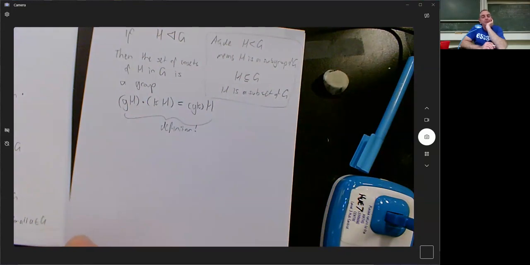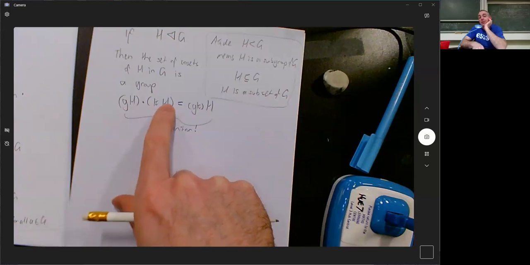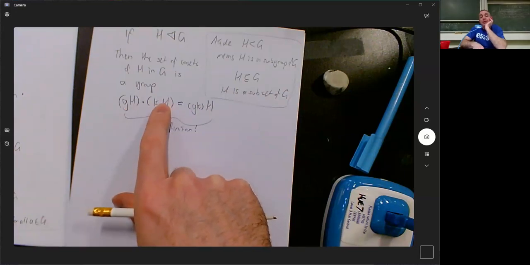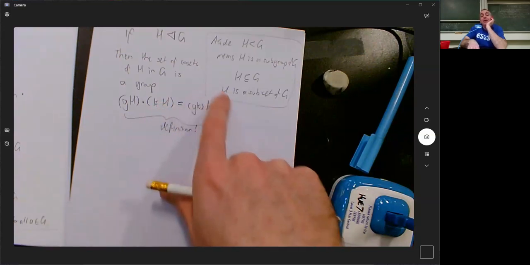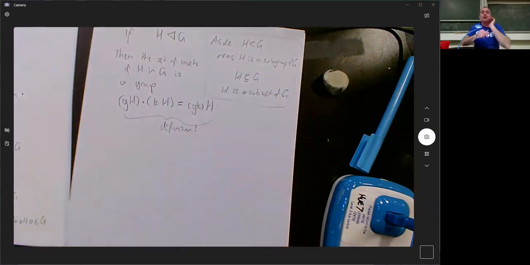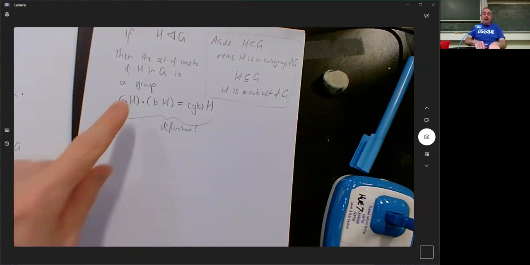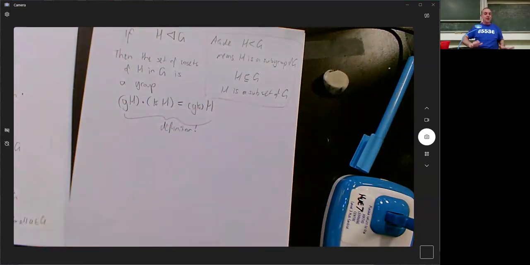Yeah. So this is the name of a set, GH, and this is the name of a set, KH, and we are going to define that when we multiply those sets together, we get the new thing with this name of the set, which is GKH. Right. And it does actually work. If you multiply everything in here by everything in here, you will produce this set. But that it does actually work as a multiplication thing, there's no particular reason it had to work. It's just a notation. Yeah.